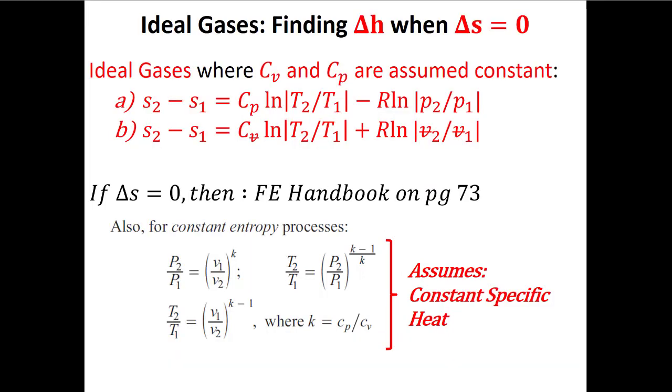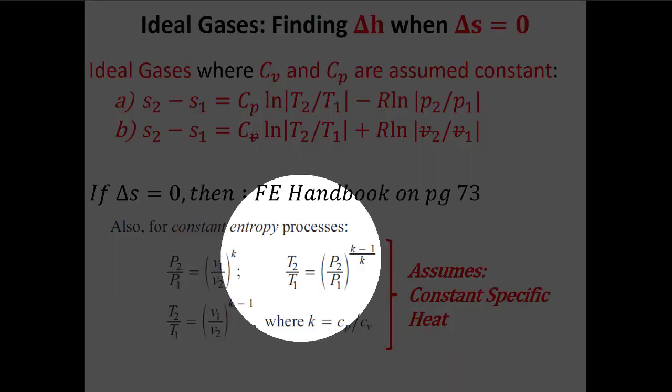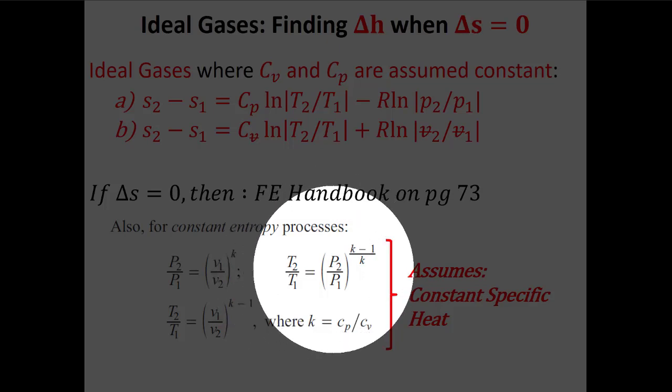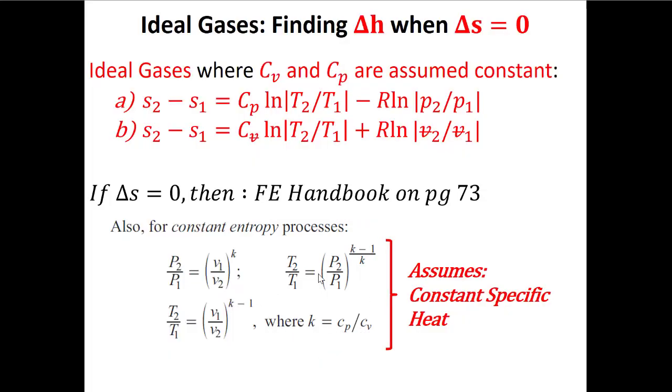So if we're dealing with an ideal gas and the process is isentropic and we've assumed constant specific heat, then we can use these expressions, which have k in the exponent, to find, maybe we don't know the outlet temperature of a compressor, but we know the inlet temperature, P2 and P1. Then we could find the outlet temperature of that compressor.